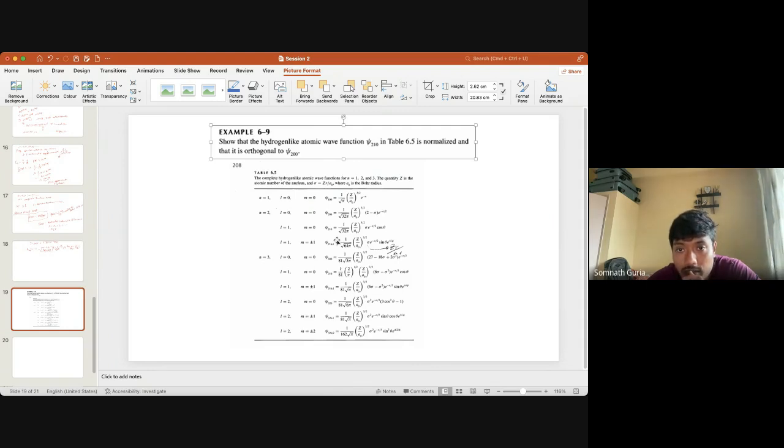Here a is the Bohr radius, and this is the radial distribution function. Based on that, you can show that psi 200 is normalizable. Psi 200 is orthogonal to psi 210. Can you prove that?